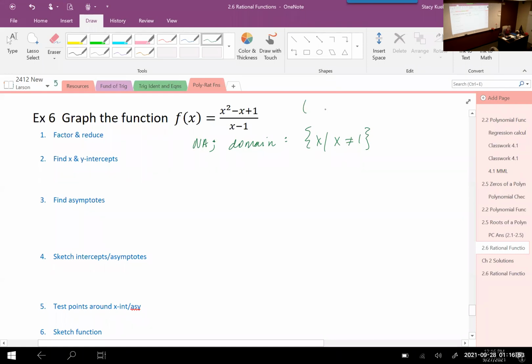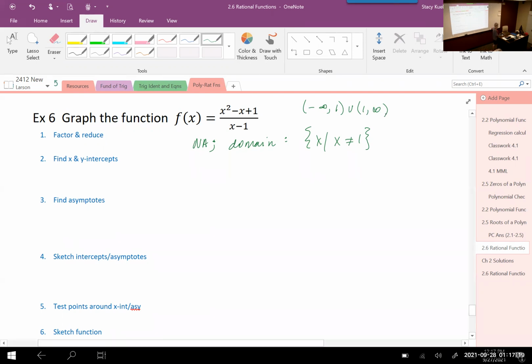If I want to write it in interval notation, it would be -infinity to 1 parentheses, union 1 comma infinity. That means I'm taking all the numbers from -infinity up to but not including 1, and all the numbers not including 1 onto infinity. I have a break in it, right?